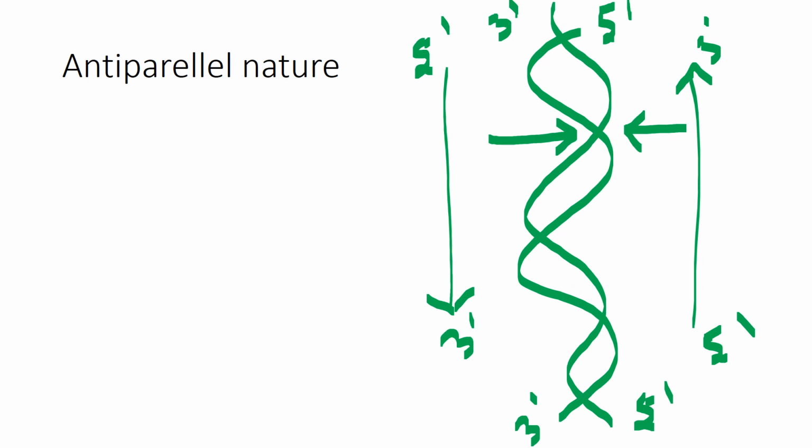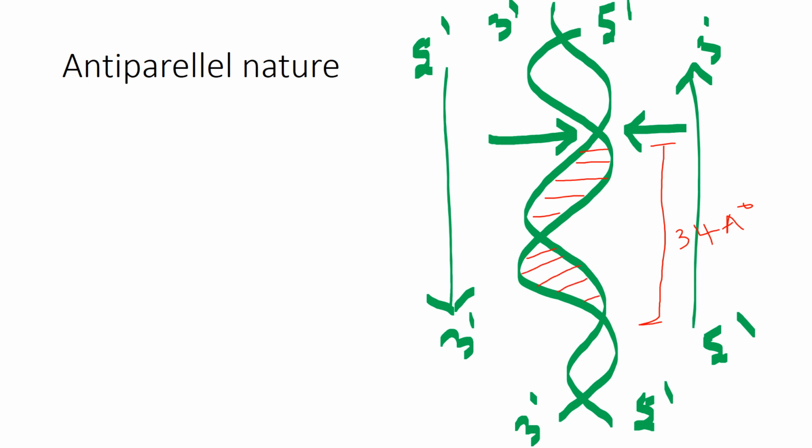So alternately on one side there is one major and one minor groove present, and the length of one turn, say for example this is a single turn from here to here, involved a distance of 34 Angstrom, and it had 10 nitrogenous base pairs.